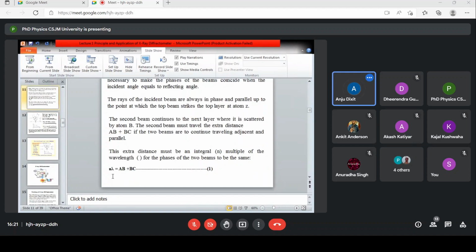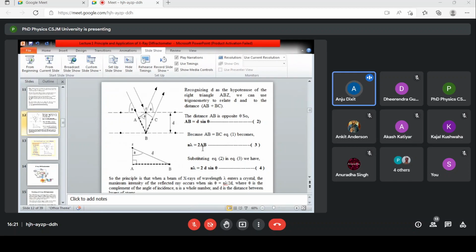Equation 1 was n lambda is equal to AB plus BC, and since AB is equal to BC, we can write n lambda is equal to 2AB. Then we substitute this value from equation 2 into equation 3. Then we have n lambda is equal to 2d sine theta.